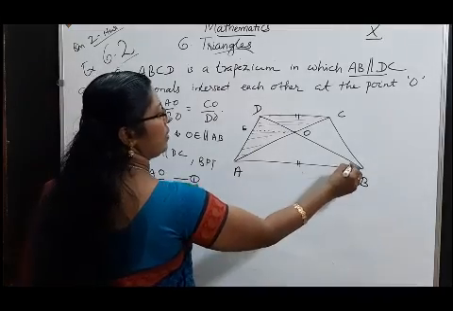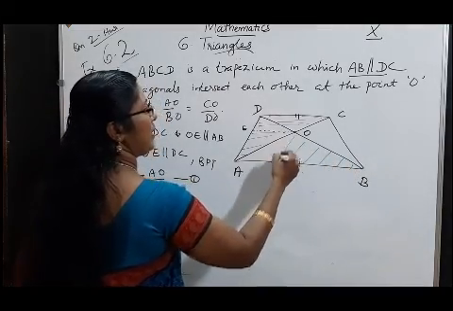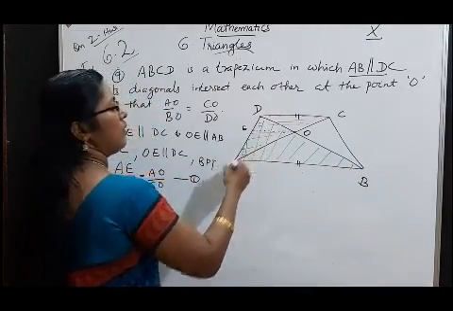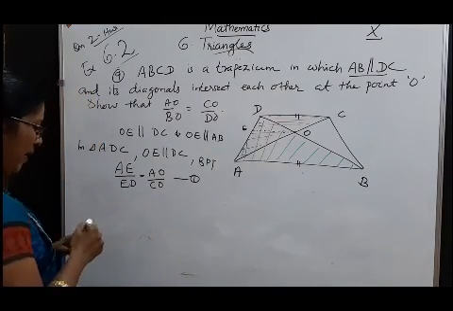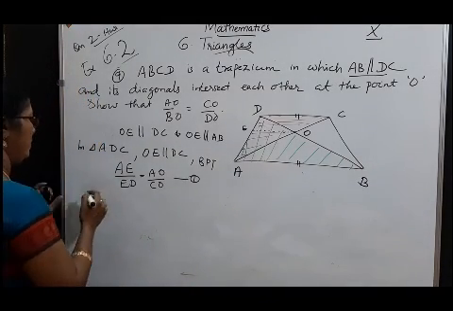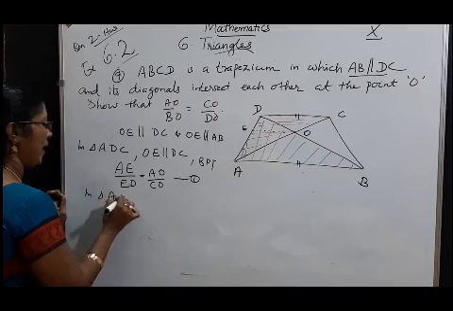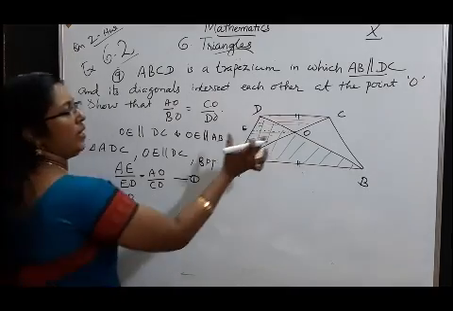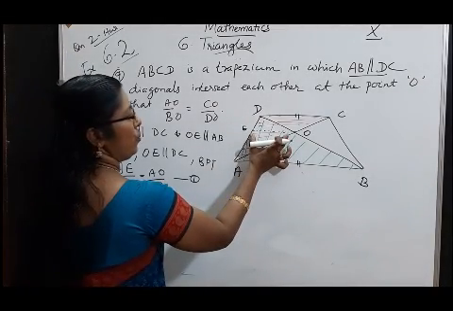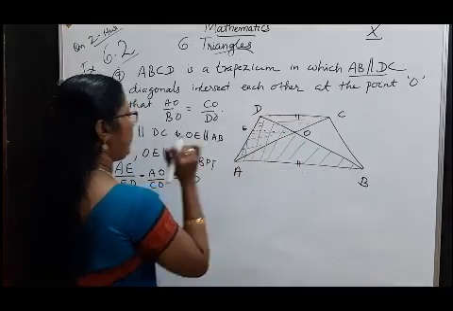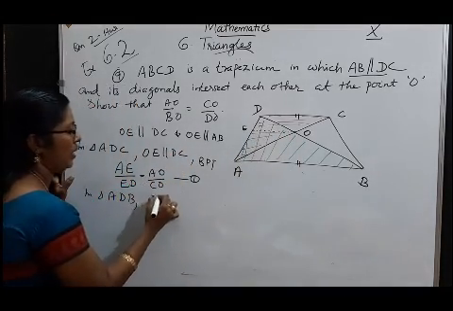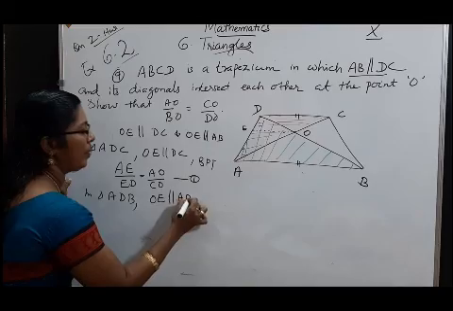Then consider triangle ADB. In triangle ADB, OE is parallel to AB.